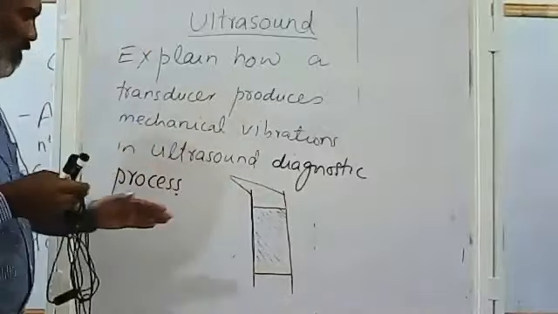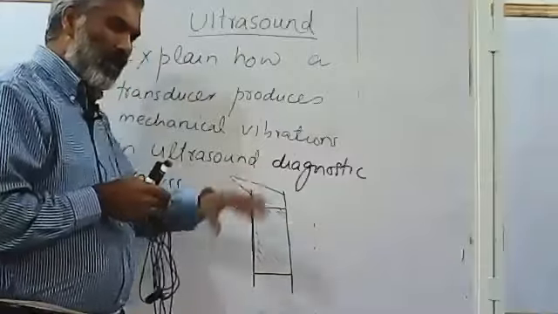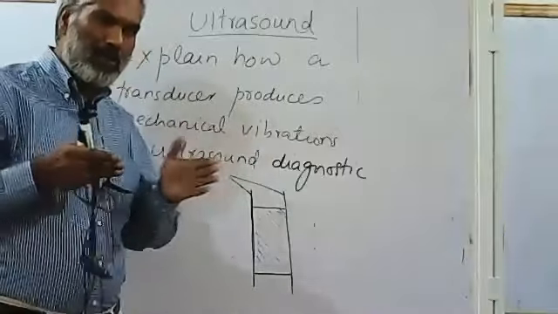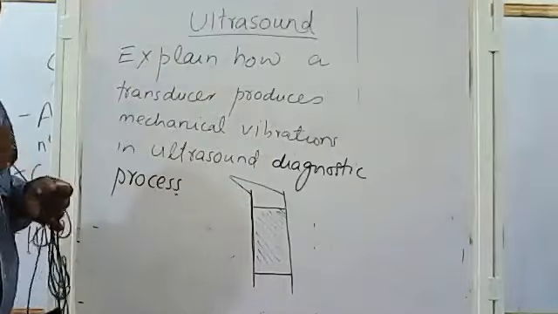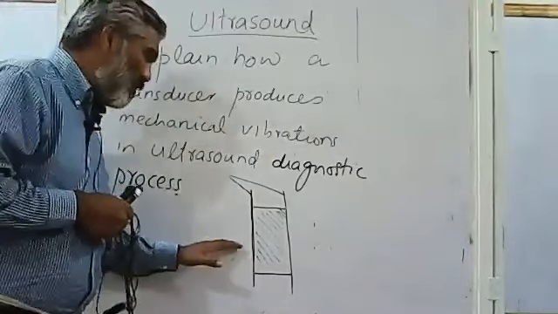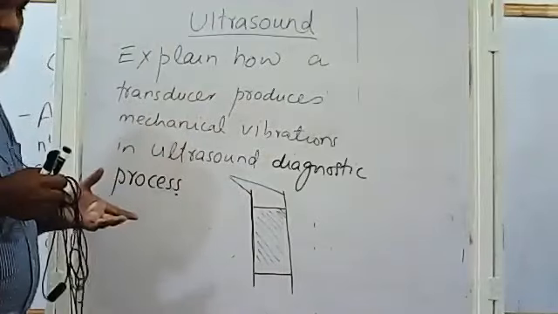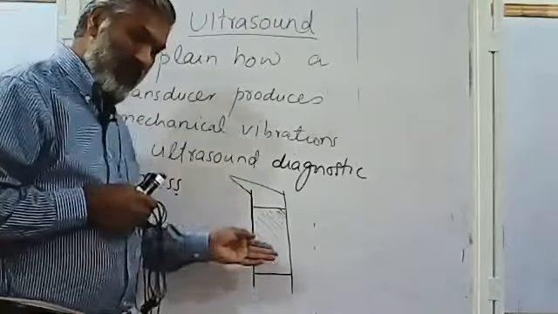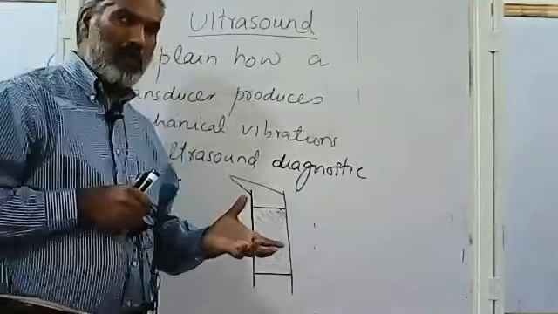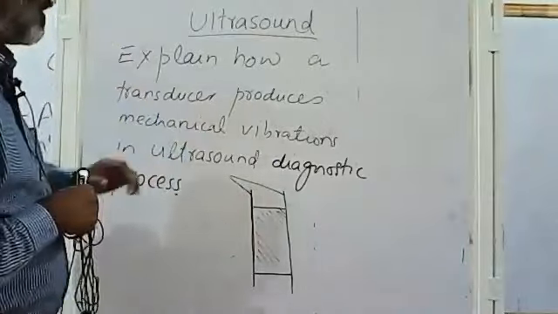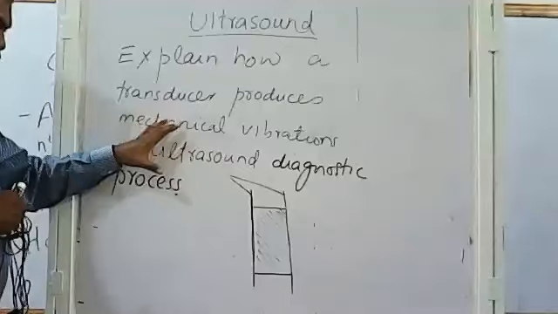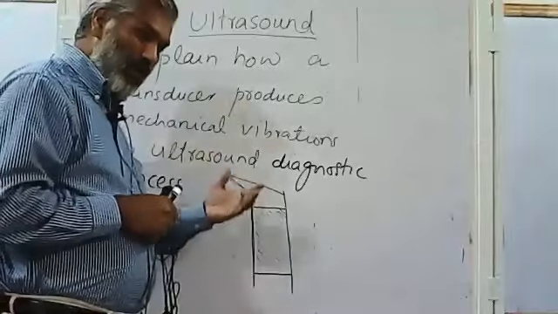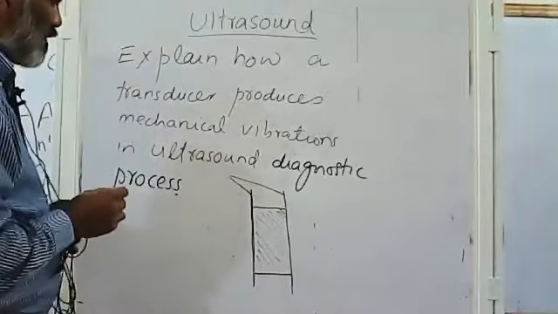So repeatedly, when I change this direction going through zero, it relaxes momentarily and then it is compressed. So in this manner, we have mechanical vibrations produced in it. These mechanical vibrations are vital for all this technique. Without these mechanical vibrations set up in this device, we cannot even think of creating any ultrasound image. So this is the basic question, and therefore this is a very basic requirement to understand how we create an ultrasound image.